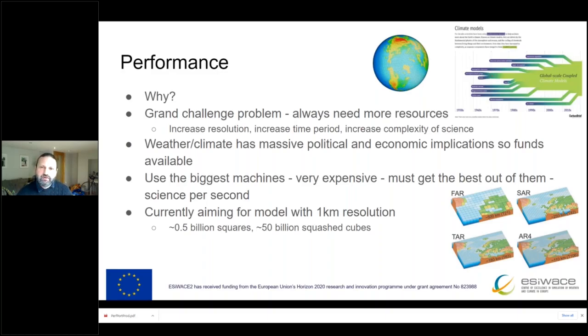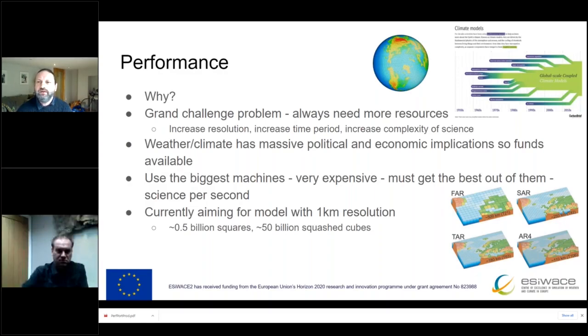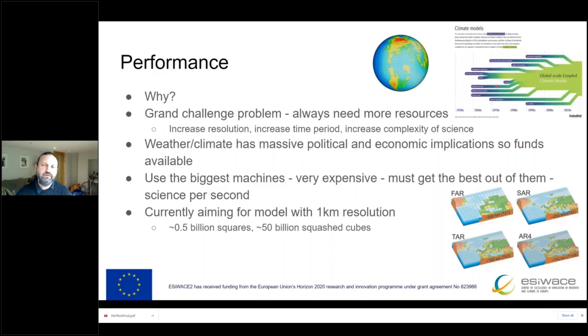So another increase in complexity is not just increasing the complexity of the existing science, but also linking and bringing in other things together. And you can see here that there are lots of different strands shown. It's perhaps a bit too small for you to see in detail, but basically the idea is that we started with just an atmosphere model, and it's getting more and more complicated until we now have a full Earth system model that we're dealing with. So that's one way in which the complexity of science is increasing over time.